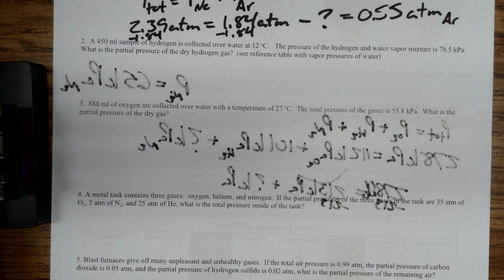Down to 12 real fast. You go look at the chart, you find 12, and you find total. So that's what you have.